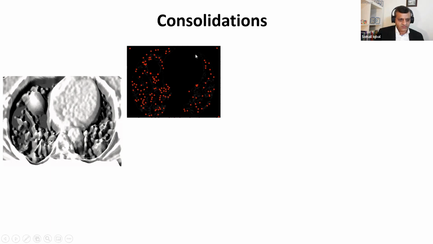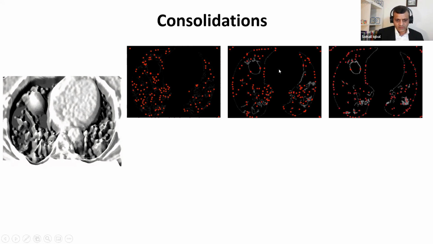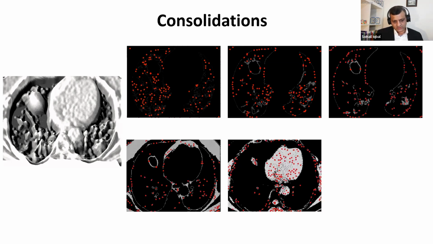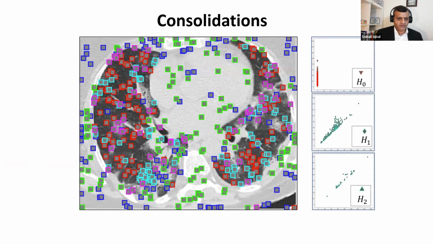In the first stage, you can see that there are some points, and in the next stage, you can see the connected components and the points which are the centroids of these connected components. If we move to the next stage, you can observe some more points, and then the next stage, and of course the next. If you combine all of these points in one picture, then we get something like that.